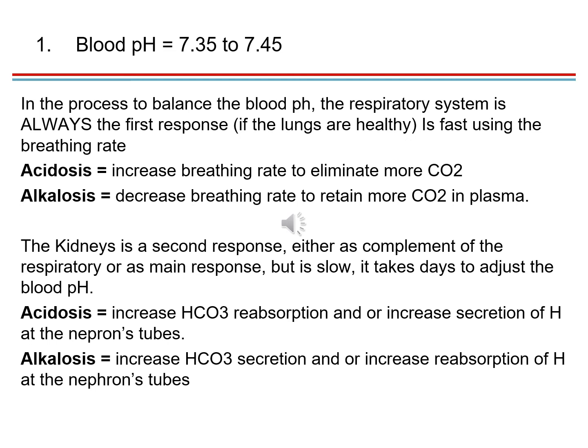I want to emphasize that the respiratory system is acting fast, but the urinary system is very slow and it takes several days to adjust the blood pH. So that is the reason why the first response is the two little molecules, bicarbonate and carbonic acid.